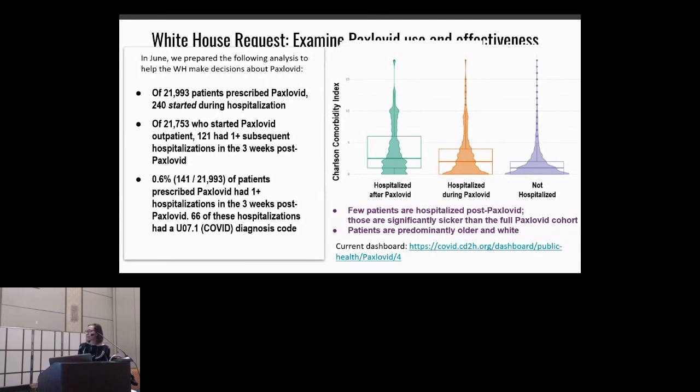We found that few patients were hospitalized post-Paxlovid, and those that were were already significantly sicker and had a lot of comorbidities beforehand. That was really great preliminary data that allowed the White House to decide to invest more financial resources to purchase more Paxlovid for the nation.